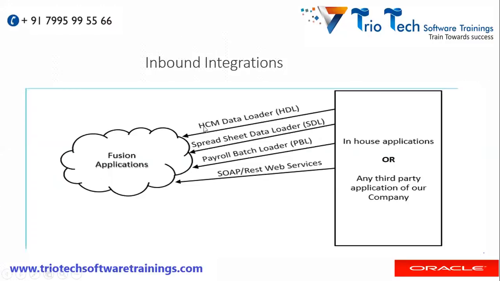It has the flexibility to load your HR related data for a bulk of employees in one go on the system. There is a file format structure in which the data will be added, and all this data will be loaded in one go to the Fusion application. This data loader file is managed or created outside the application.